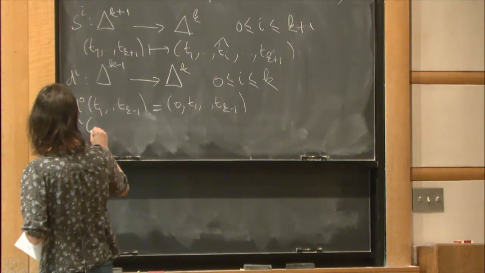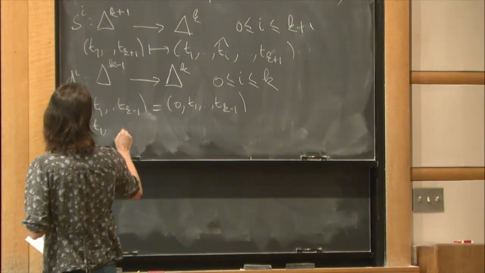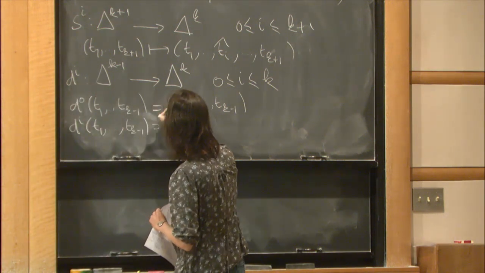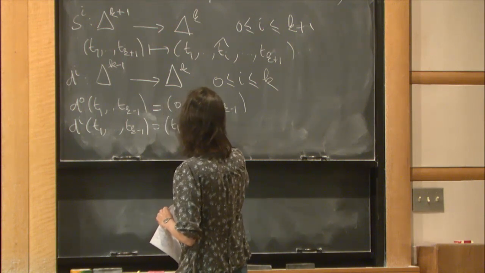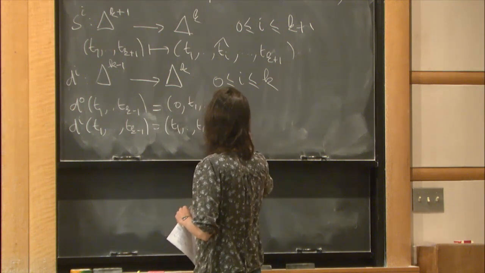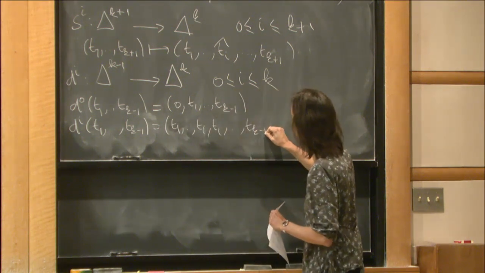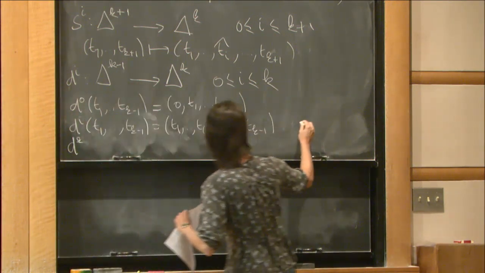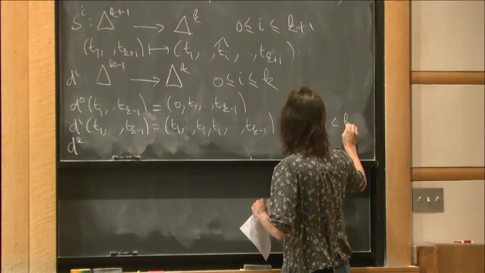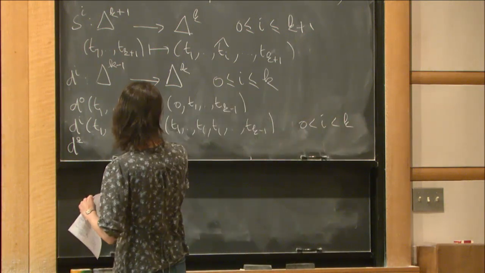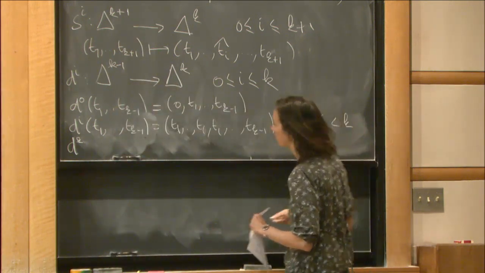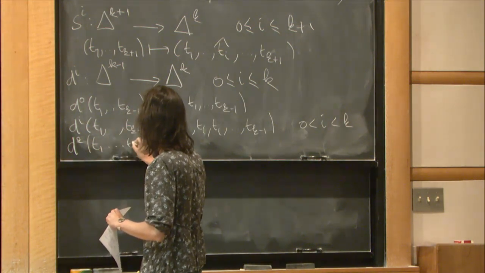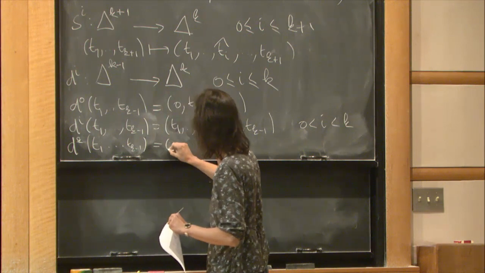The i-th one in the middle repeats t_i: (t_1, ..., t_i, t_i, ..., t_{k-1}). And then d_k puts a 1 at the end.